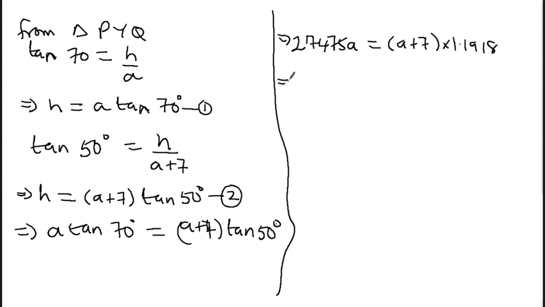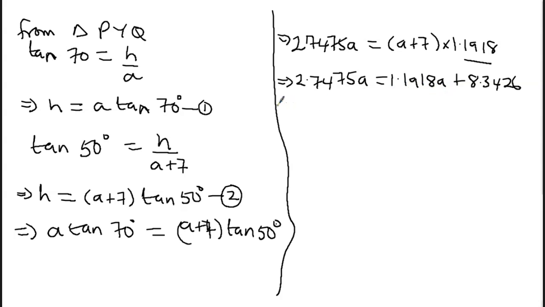So we can expand the right hand side. 2.7475a equals 1.1918a plus 7 times 1.1918, which gives 8.3426. There is a term in a on the left hand side and another term in a on the right hand side.